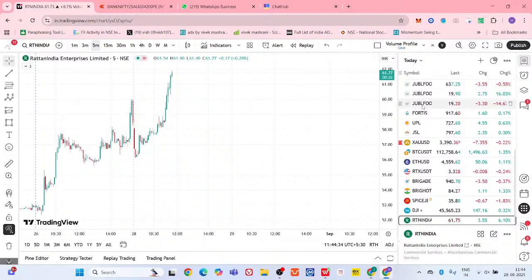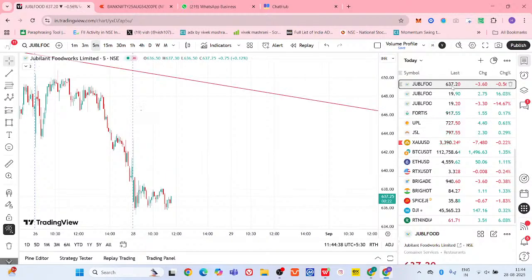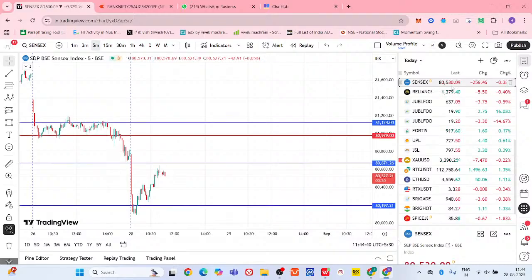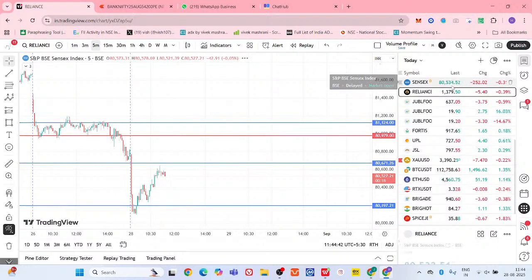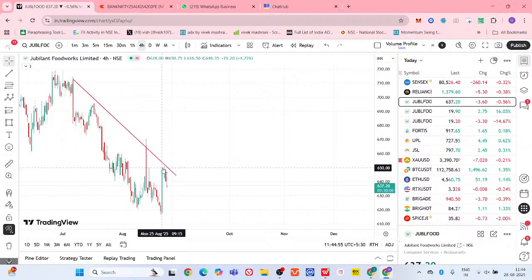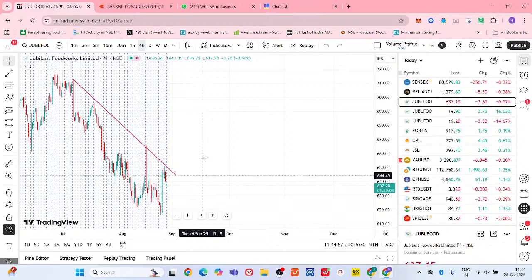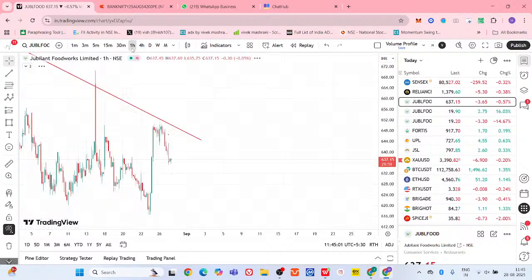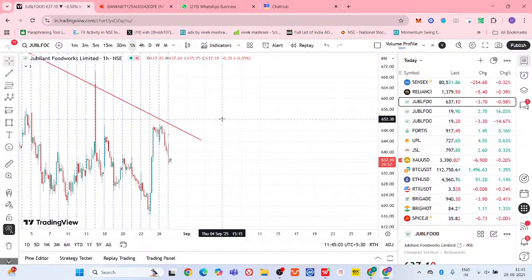Okay. Anybody holding? Which are the stocks I'm looking at? Okay. Jubilant. I already shared my view. What am I looking at? I'm looking at selling at every rise until this line sustains.